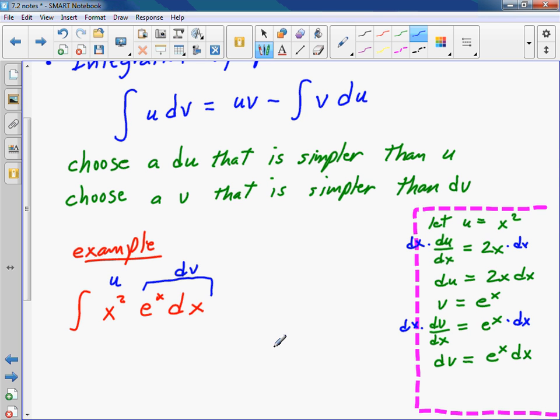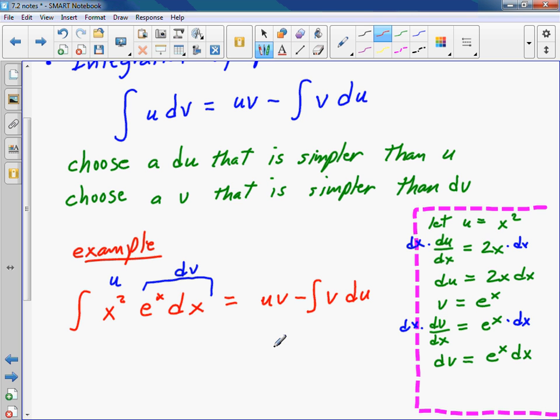So then this will equal uv minus the integral of v, the antiderivative of v du.